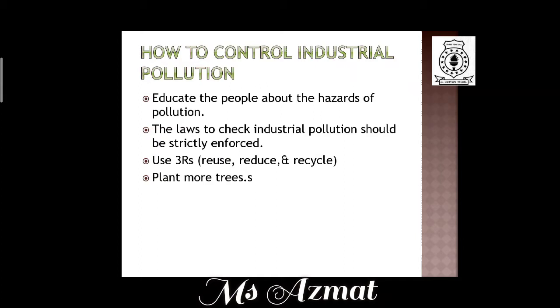And last but not the least, plant more and more trees, because the cultivation of green plants protects people from the poisonous effects of gases emitted by machines and faulty engines of vehicles. So, there is a need to plant a large number of trees in the towns or cities nearby the industries.